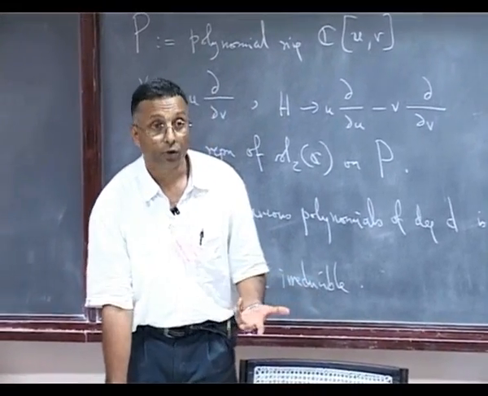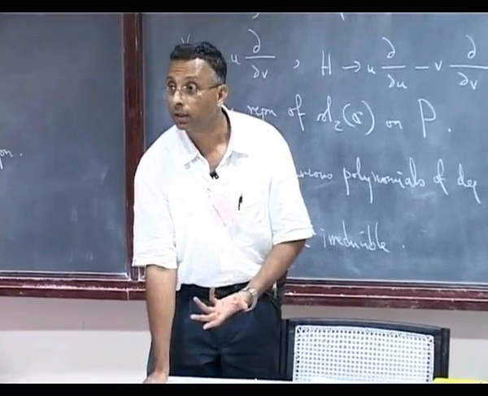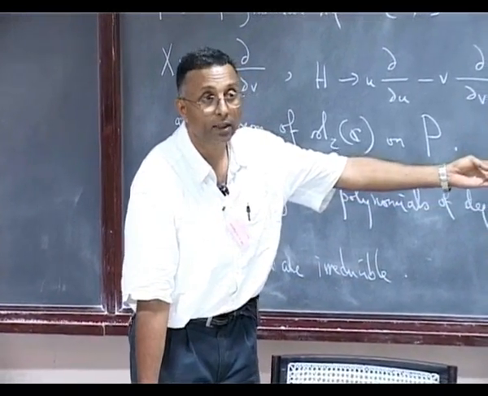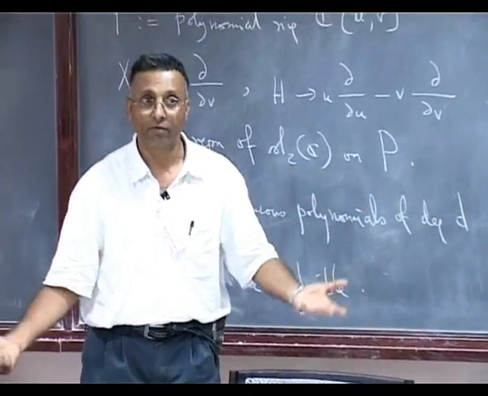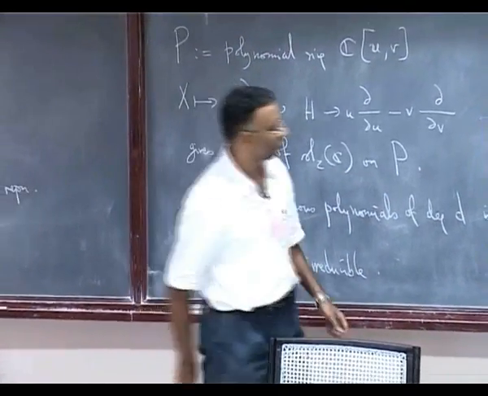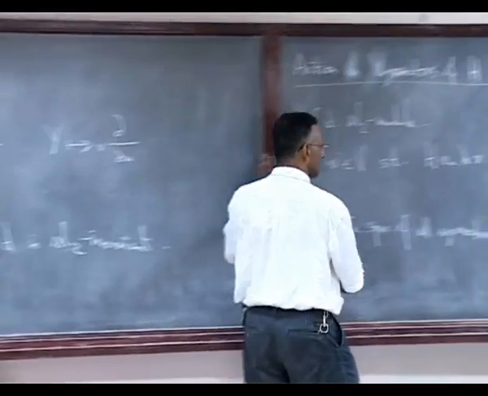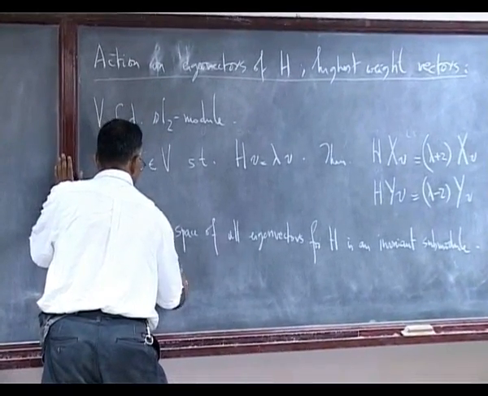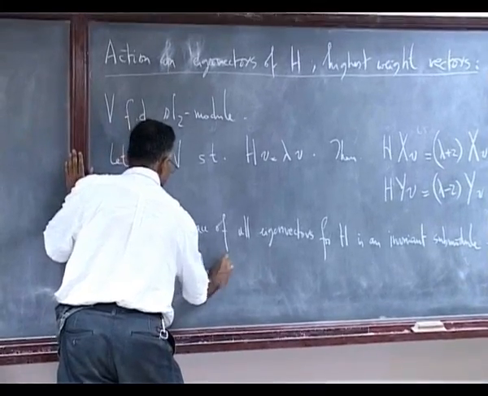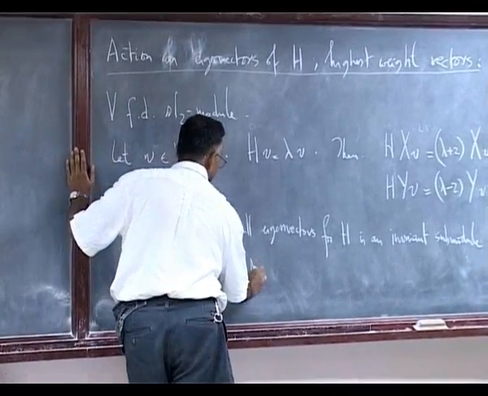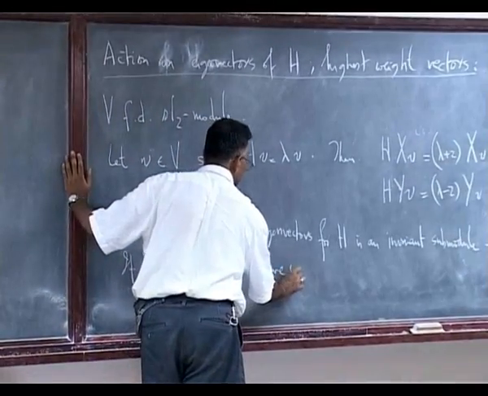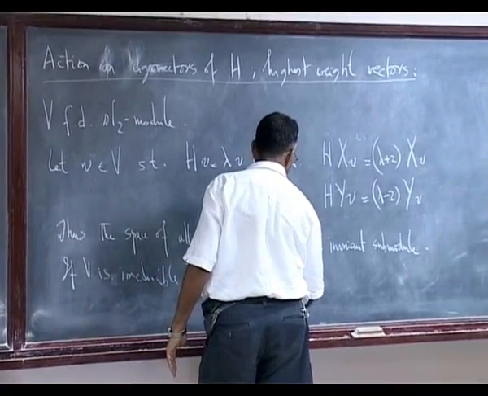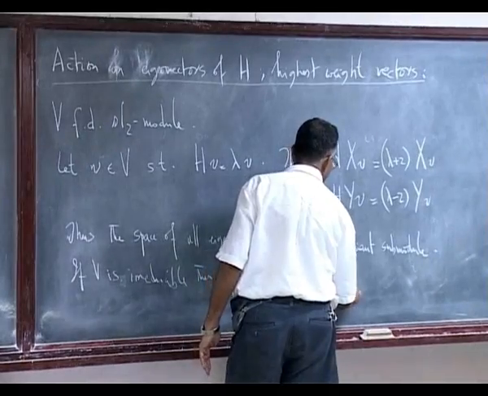And if V is irreducible, then this space of all eigenvectors for H must be all of V, which means H acts semi-simply.